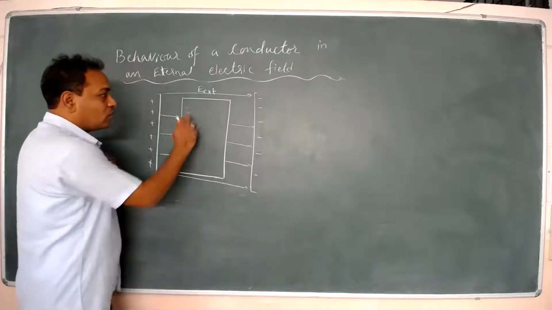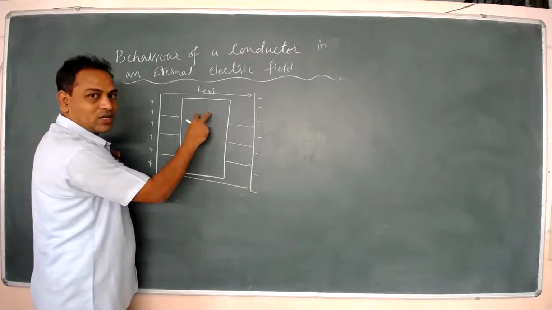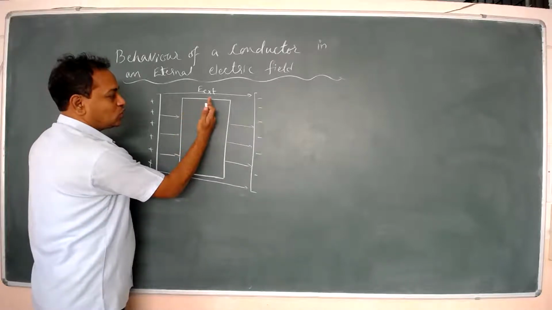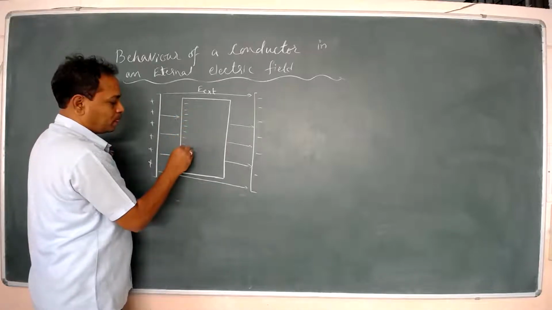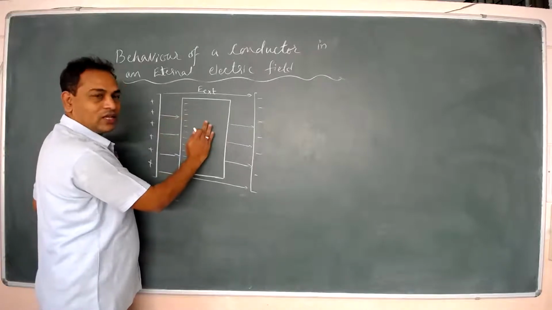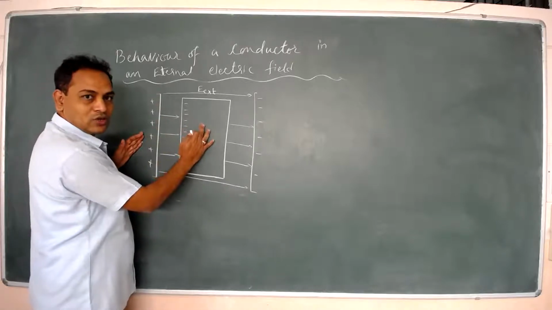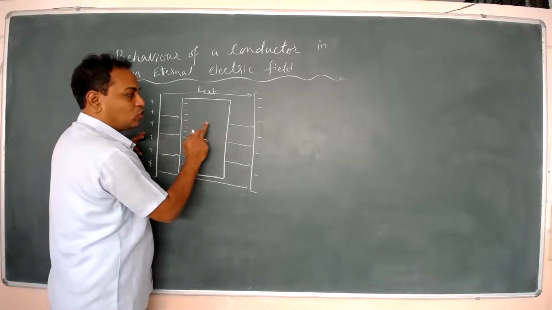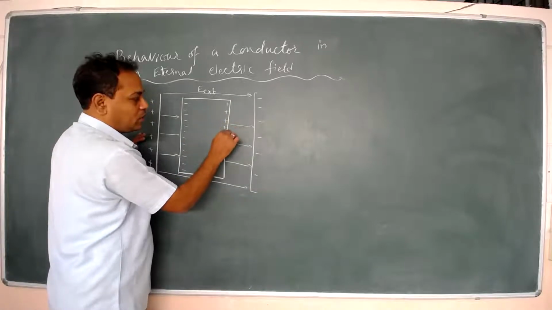So what happens? In this neutral body, the electrons, that means the negative charges, will come towards this positive side. When a neutral body is kept inside an electric field, the negative charge inside this neutral metal is attracted, whereas the positive charge is repelled by this positive plate and attracted by this negative plate. Finally, on this side a positive charge will appear.